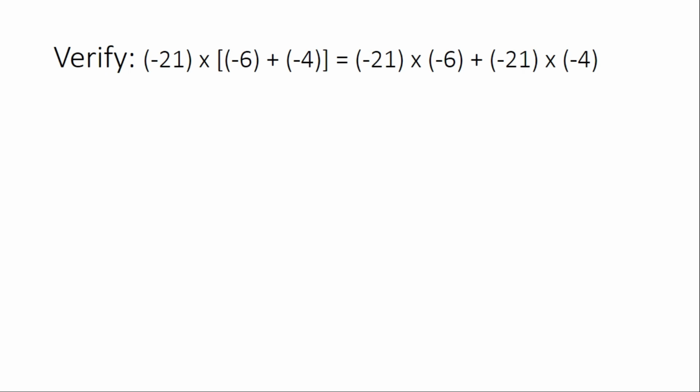Next we have to verify that left hand side is equal to right hand side. So we will write left hand side first. That means minus 21 into minus 6 plus minus 4.